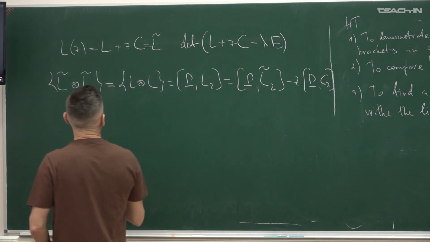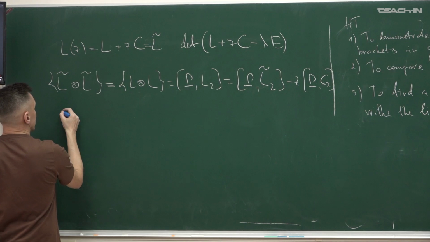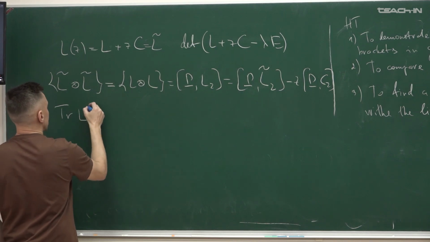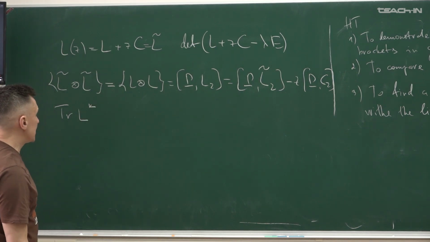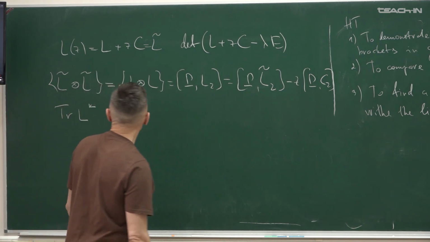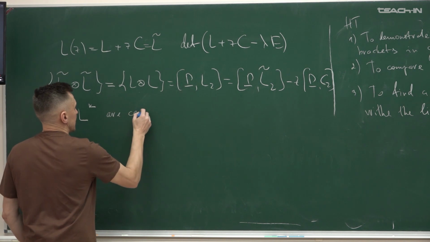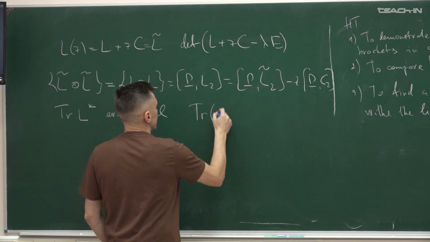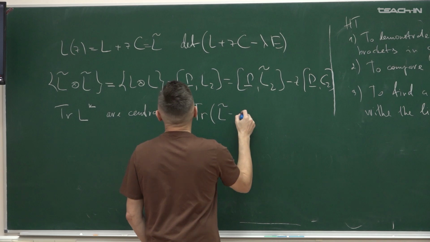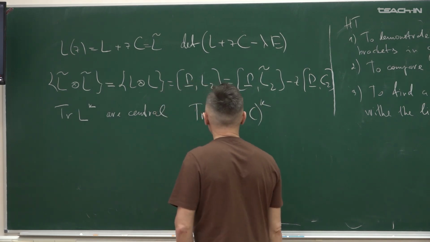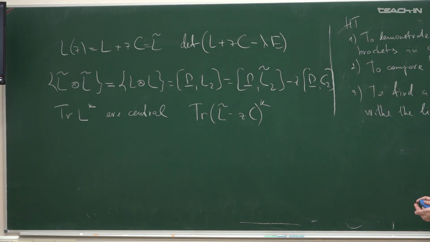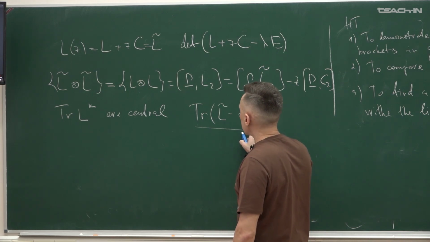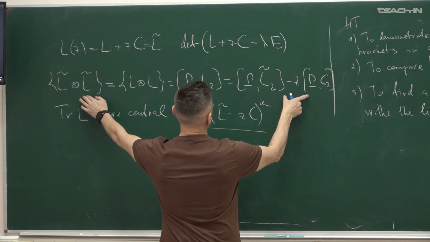So I know that traces of LK are central, but I'd like to write it as trace of (L tilde minus ZC) K. So I know that this function is central with respect to this bracket.